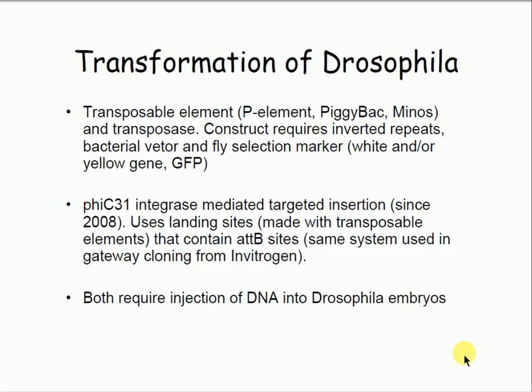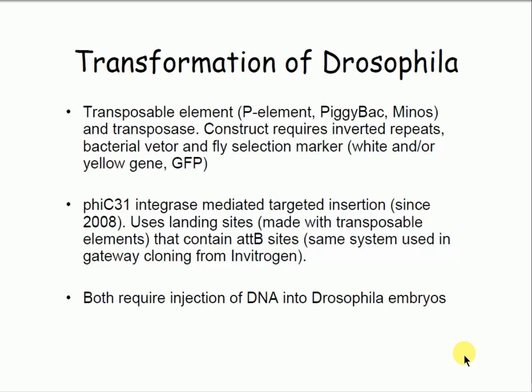And this came from using the Phi C31 integrase, which mediates targeted insertion. What it uses is a landing site in the genome, which is an attB site. It's a short DNA piece. And this is placed into a transposon that was brought into the genome and put in various places.